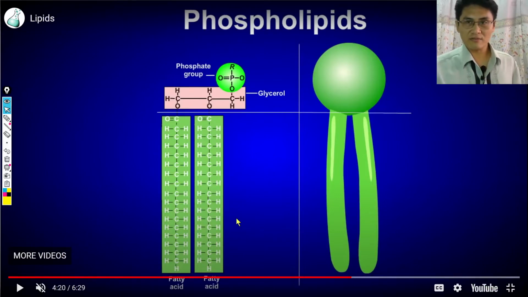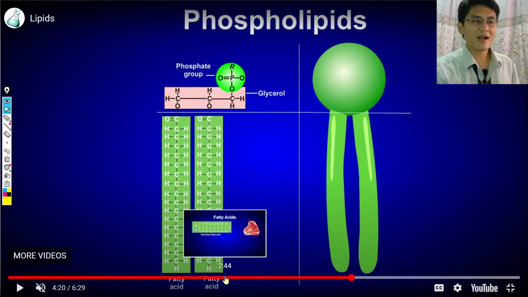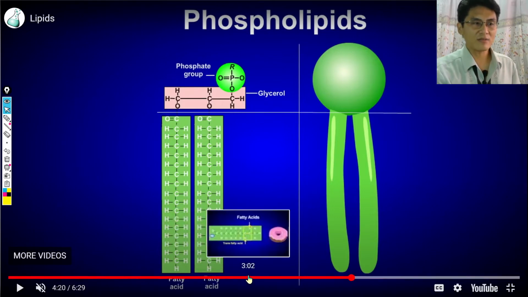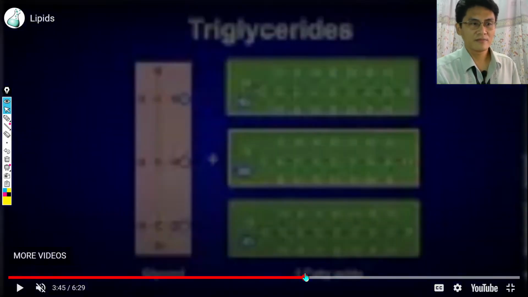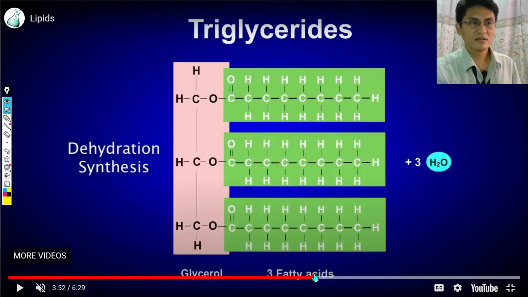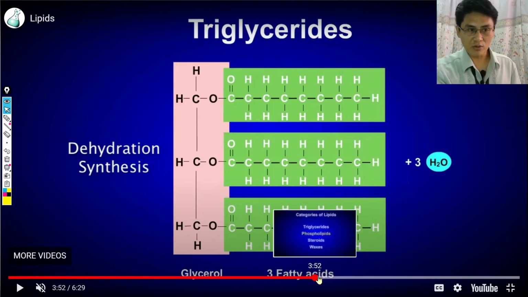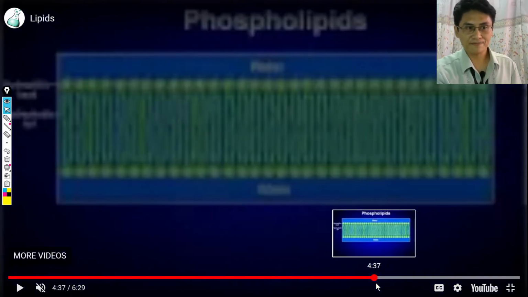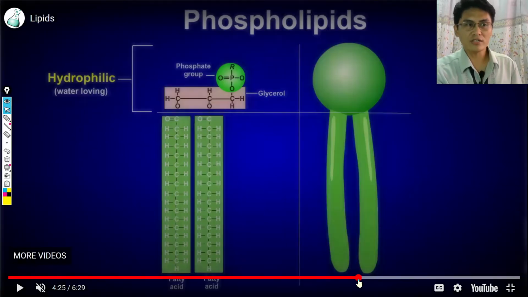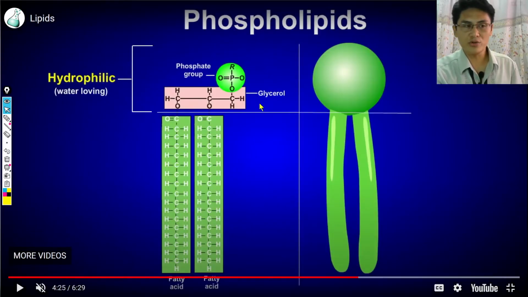So if you eat fat based food like from animals, then those triglycerides, which you see here, will be broken down by your digestive system, and therefore when it's your turn to create phospholipids, then you would reuse those fatty acids.